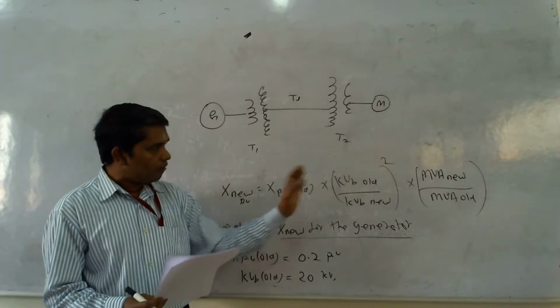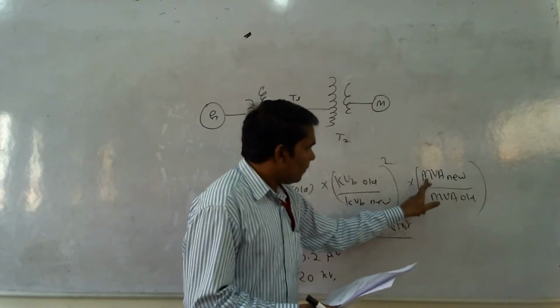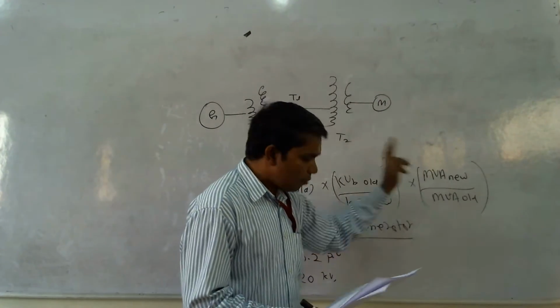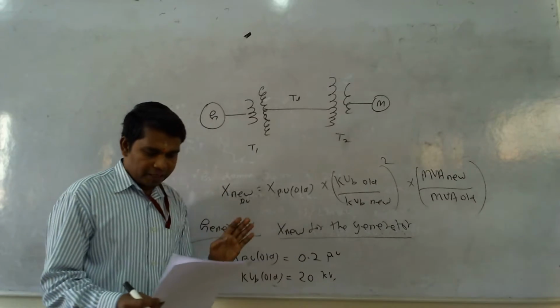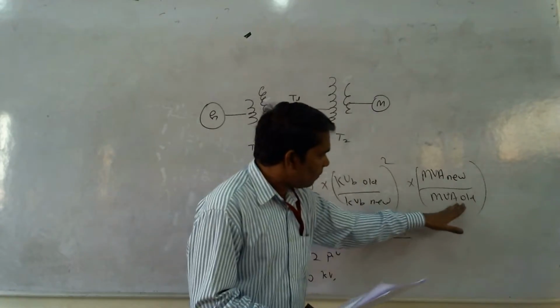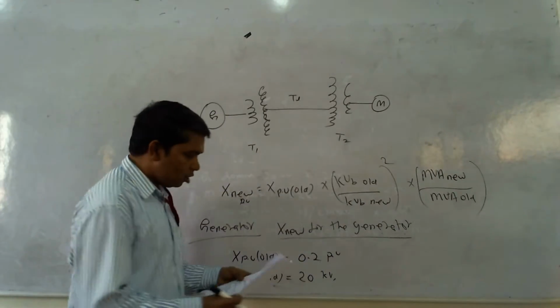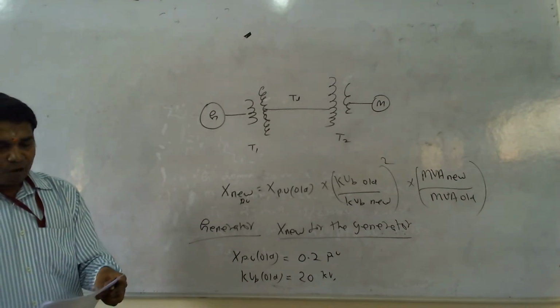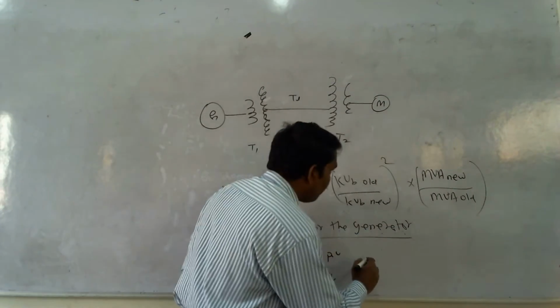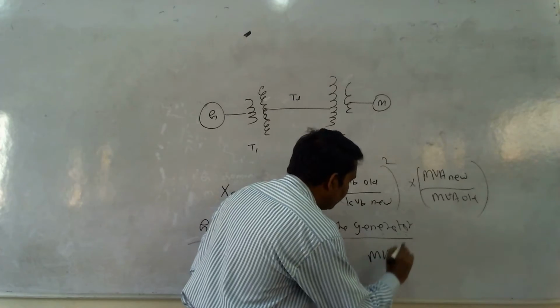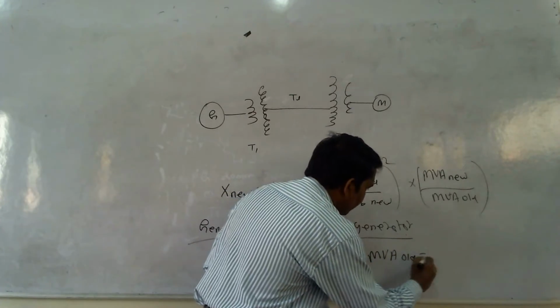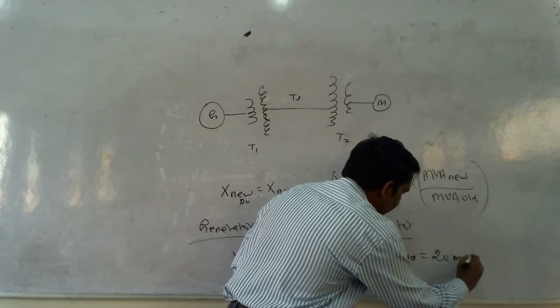What other data is given? Megavolt ampere new value is also not given, right? And what is given is the megavolt ampere old value, which is nothing but 20 megavolt ampere. So megavolt ampere old equals 20 megavolt ampere.